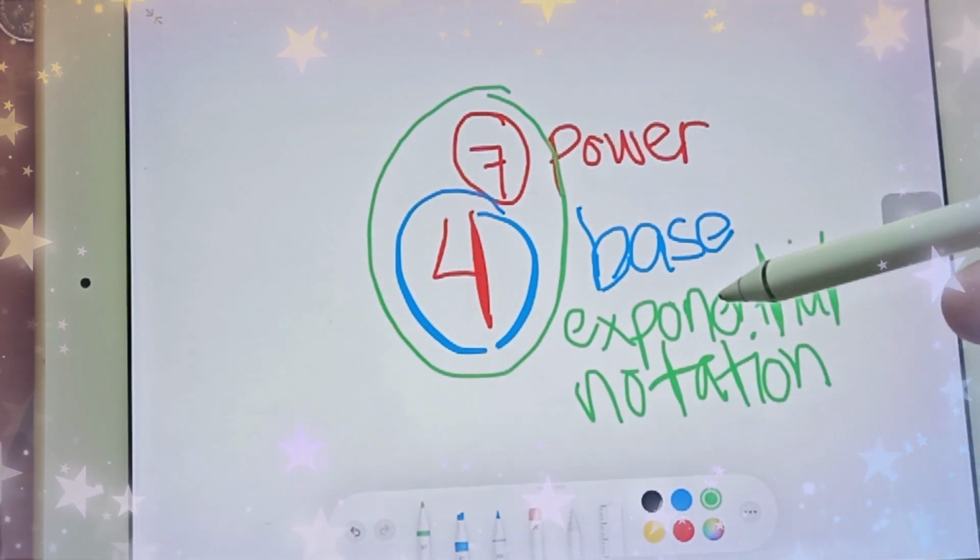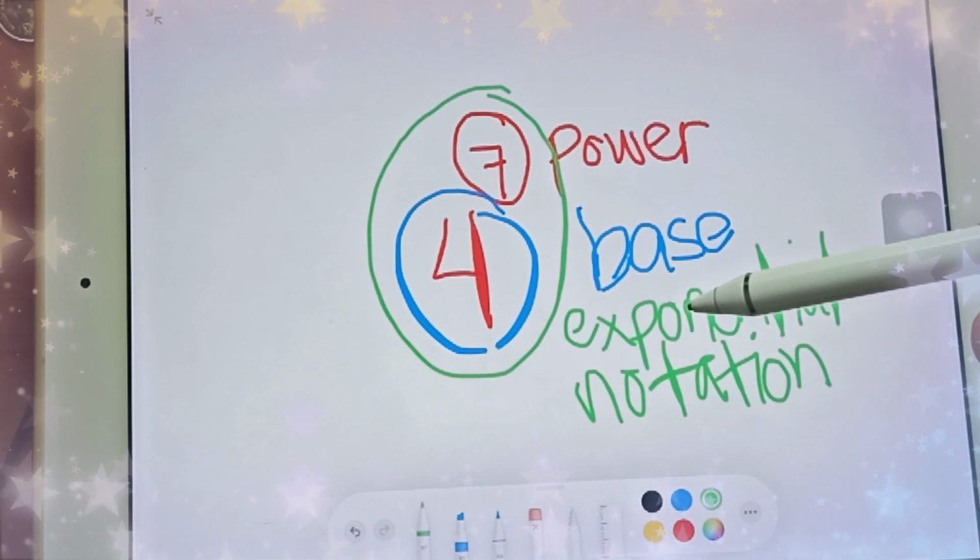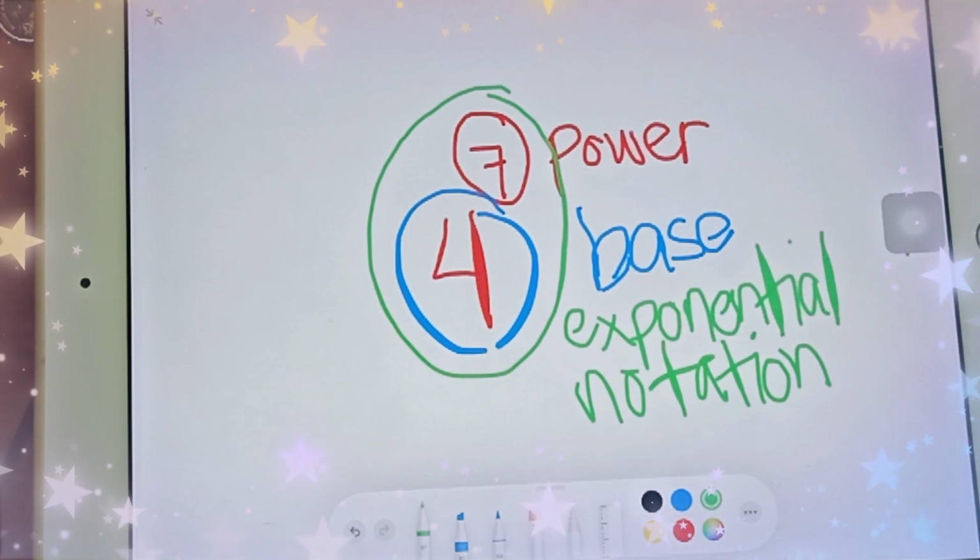So don't forget those parts of the exponential numbers.